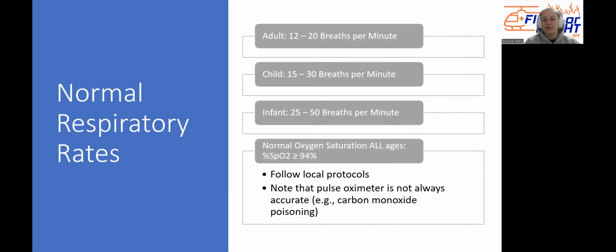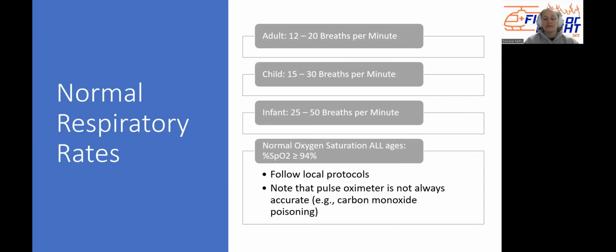Other things that can happen if someone has carbon monoxide poisoning. Basically the way the pulse oximeter works is it just uses a little laser to read the status of the red blood cells, to read, are these red blood cells loaded or not? And if those red blood cells are loaded, it says 100% or 99%.